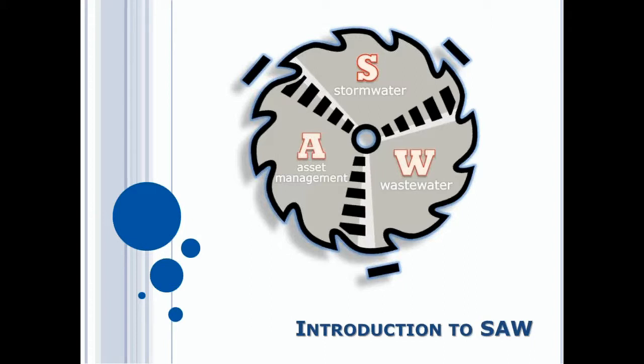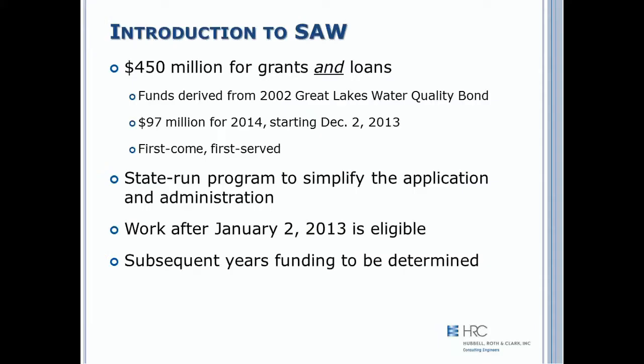SAW, what is SAW? Well, the acronym comes from Stormwater, Asset Management, and Wastewater. And that's the focus of this grant program, which comes from $450 million derived from the 2002 Great Lakes Water Quality Bond that the state of Michigan voters approved at that time for water quality projects.